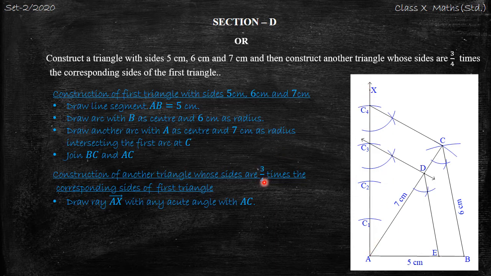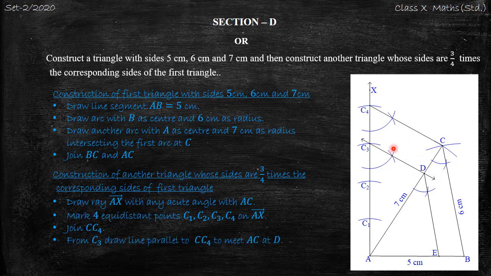Because this is the larger number in the ratio. So C1, C2, C3, C4 are equidistant points marked on AX. Now join CC4. Now draw a line parallel to CC4 through C3, which meets AC at D.